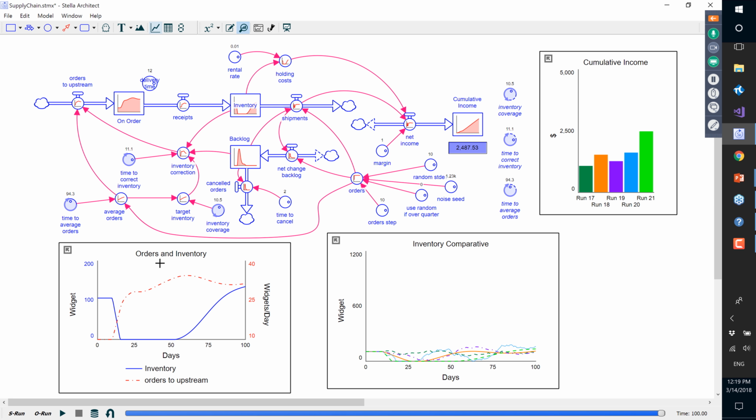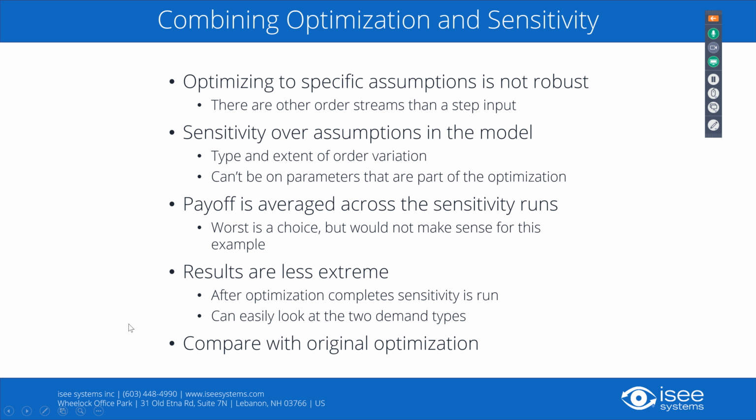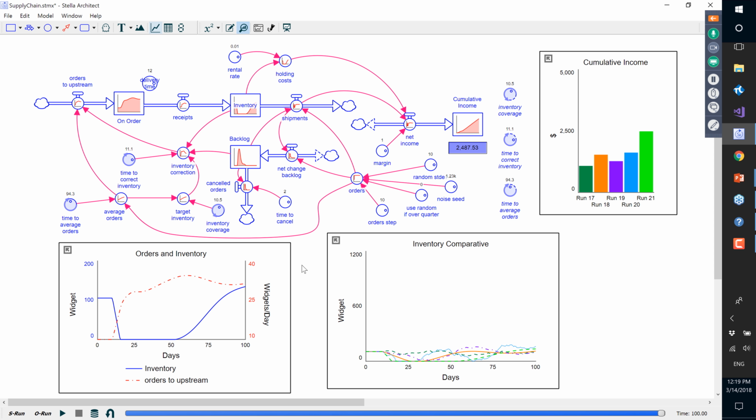There are going to be some sensitivity runs where performance is less than you might expect, and others where it will be good. The results are a little less extreme when we do this, and we can compare that to the original optimization. Now, those of you who know this type of model will point out the obvious, that this model does not have a supply line correction in it, and a supply line correction is one of the most effective ways to improve performance in a supply chain model.